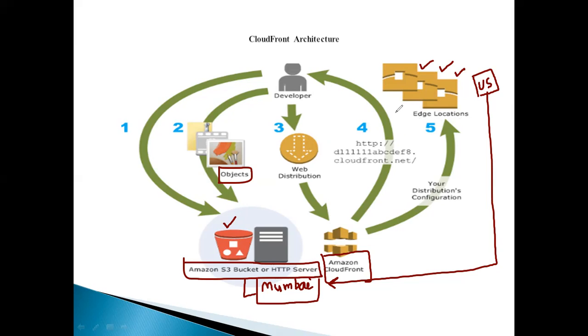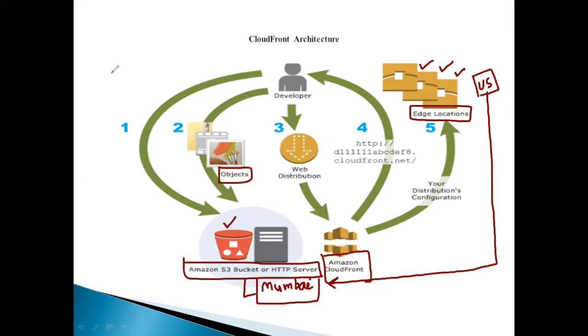For example, in India, there is only one dedicated region for AWS, Mumbai. In Mumbai, there are 3 availability zones, but edge locations are available in different cities. For example, edge locations are available in Delhi, Bengaluru, Hyderabad, Chennai, Kolkata, etc. So people can access the same content from the edge location.